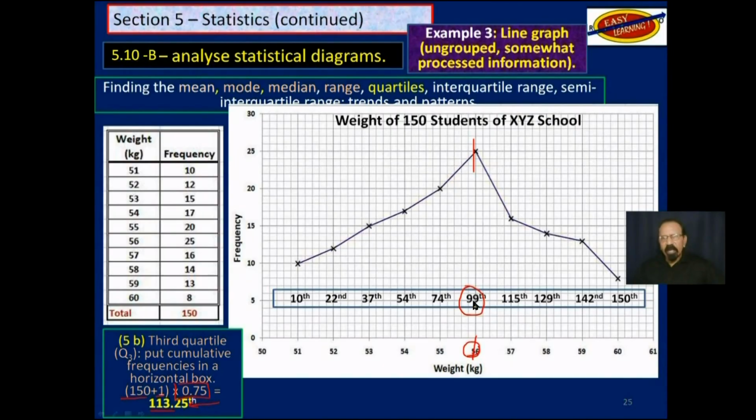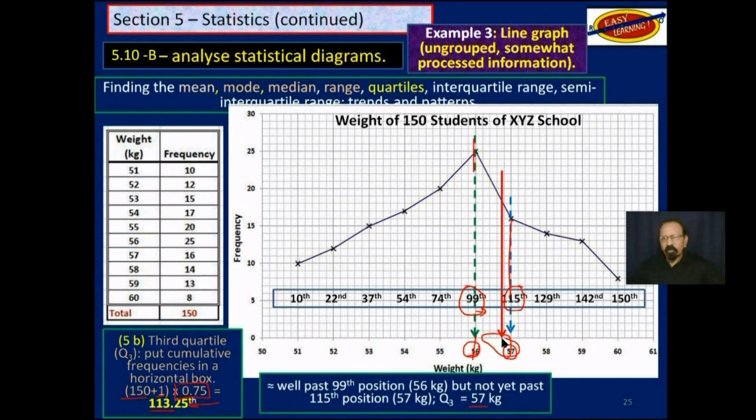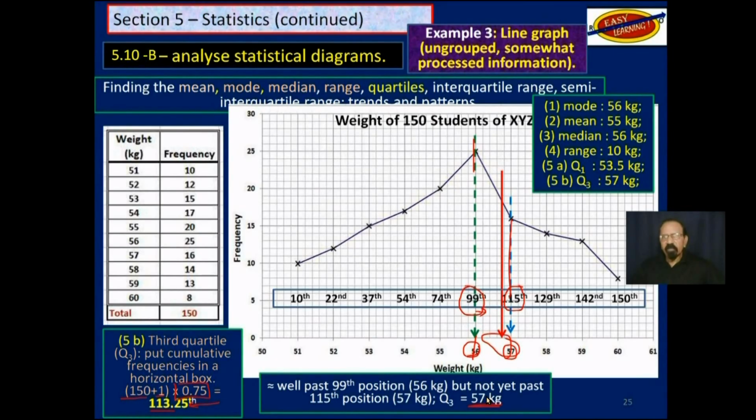From the time we begin counting in 57, we would have started 100, but we are not going to 150. We fall short. So it falls here, which is the 57. So we get 57 kilograms.